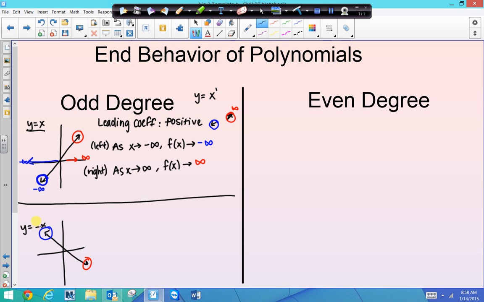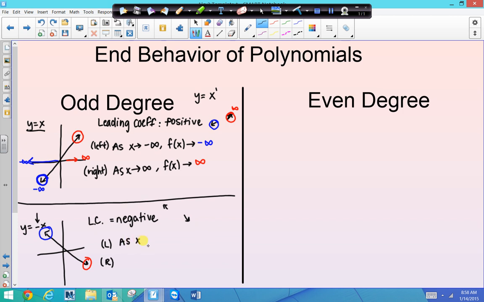The second one shows up if your leading coefficient is negative. If your leading coefficient is a negative number, your end behavior is always going to go like this. It's going to fall. For this one, we're still going to split it up into the left side and the right side.